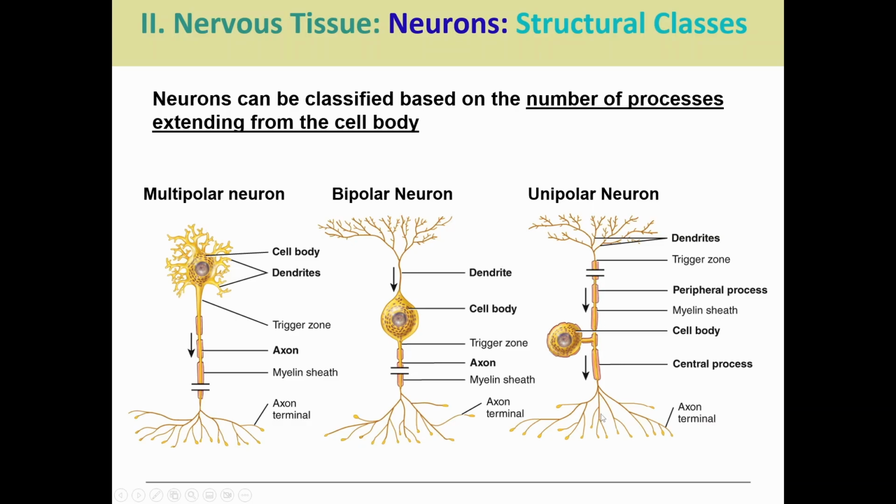So this length is one continuous piece. We don't have the cell body interrupting it the way we do with the bipolar neuron. So you should be able to explain these in your own words, or be able to pick them out or draw them yourself to describe the structural classes.